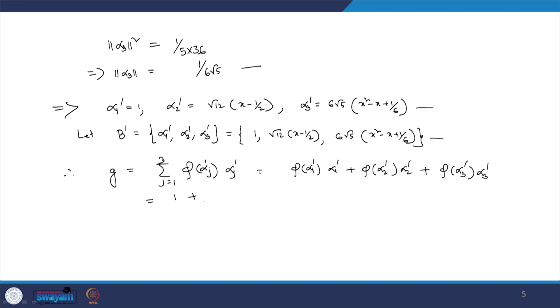Phi of alpha 2 equal to, we know, root 12 into x minus 1 by 2.